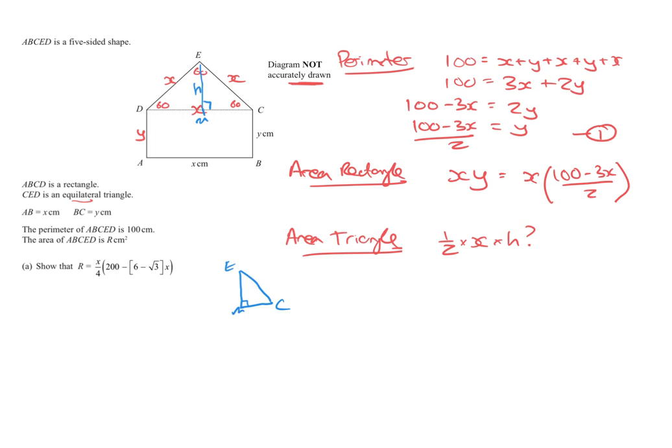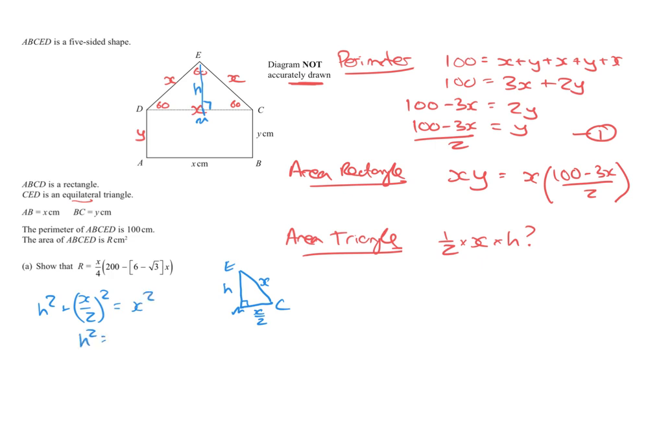And I know that this distance is x, this distance is going to be half of that, so it's x over 2. So it's a Pythagoras question to work out the height. I want to find out what my height is here. So I know that h squared plus (x over 2) squared will equal x squared.